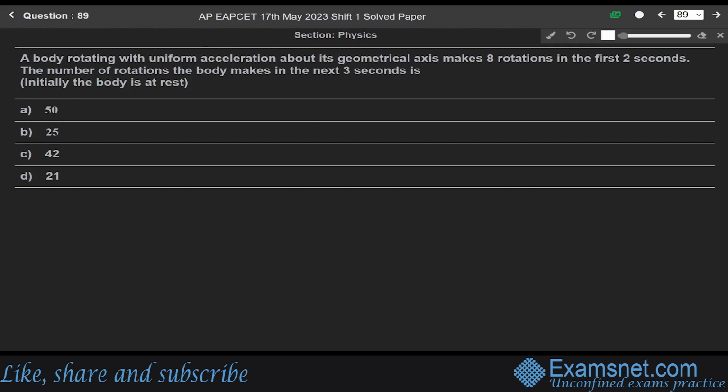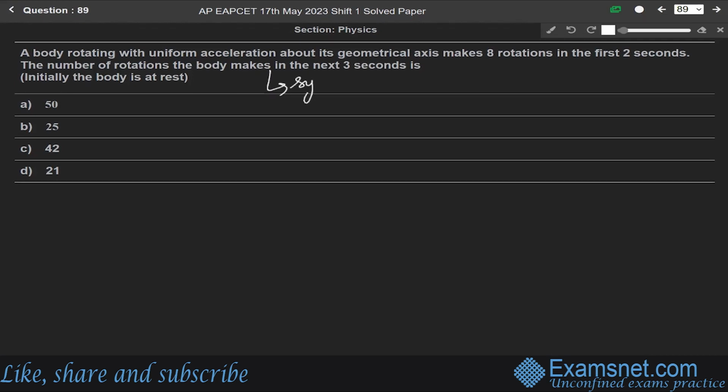So moving on towards next question 89. A body rotating with uniform acceleration about its geometrical axis makes 8 rotations in the first 2 seconds. The number of rotations the body makes in the next 3 seconds is. So this question is from the chapter of system of particles and rotational motion.